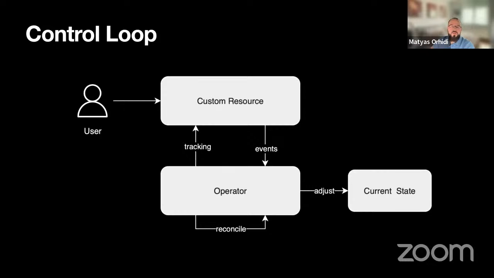And when the operator receives a new event, it will take actions to adjust the current state of the Kubernetes cluster as part of its reconciliation loop. It makes continuous adjustments to the current state until the current state becomes the desired state. All lifecycle management operations of Flink deployments are realized using this very simple principle in the operator.